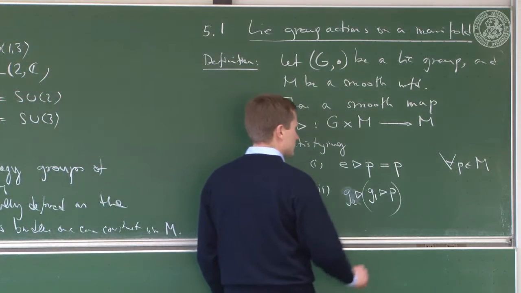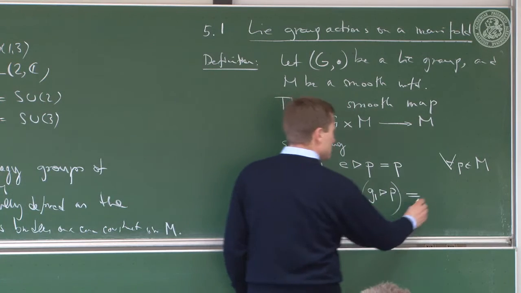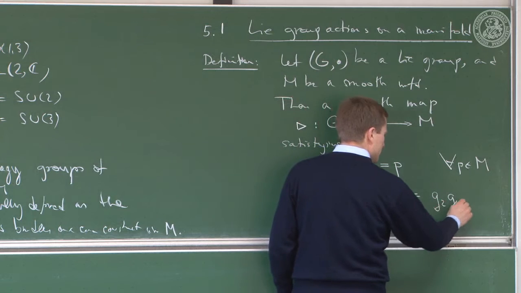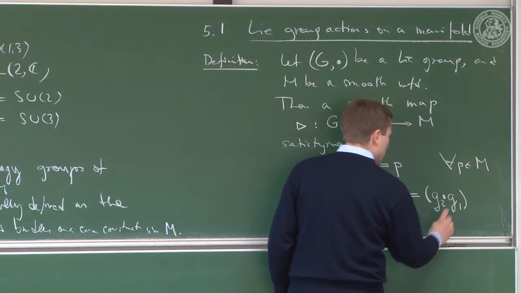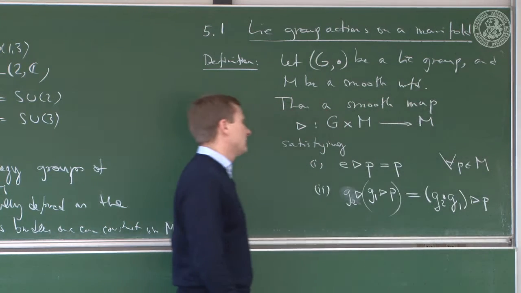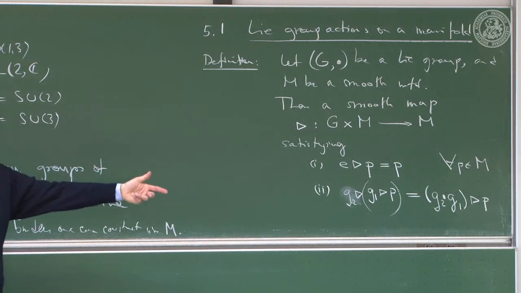Only one way to read this expression. Anyway, you require this be G2 G1, so you keep the order G2 G1, and that goes with the blob, and that acts on P. So you can act one after the other, or you can act at once with the product.